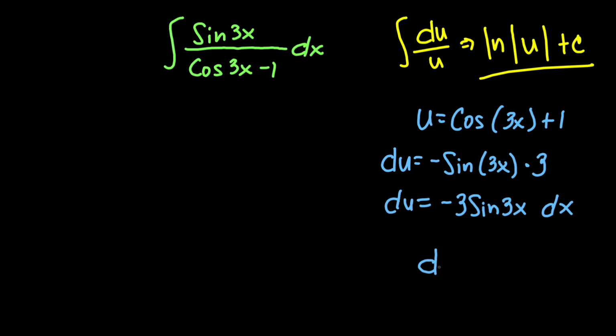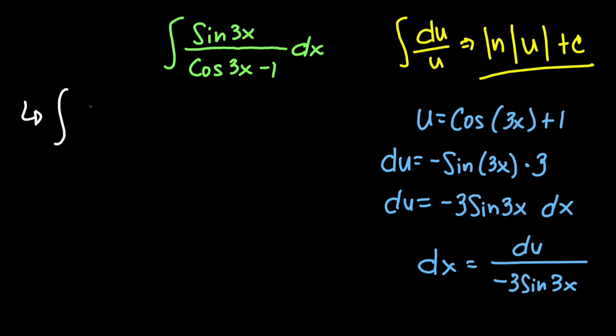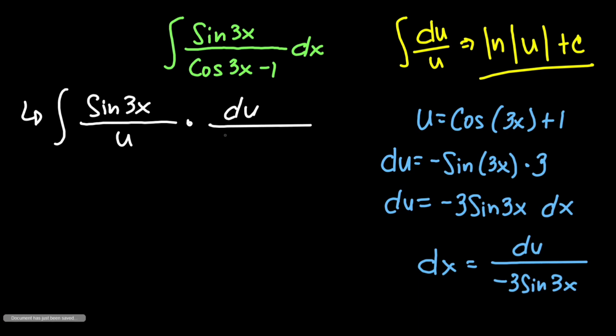So the value of dx right here would be equal to du over negative 3 sine of 3x. So substitute it. You would have the integral of sine 3x over u multiplied by the value of dx, which would be equal to du over negative 3 sine of 3x.